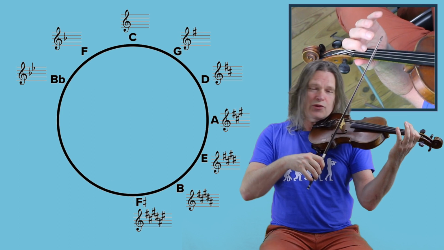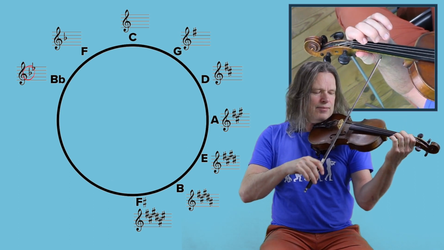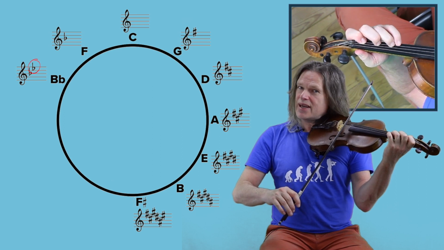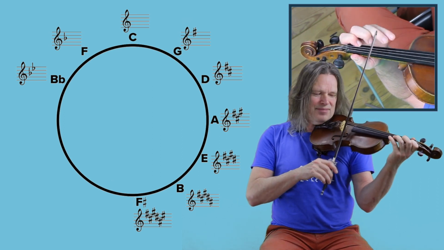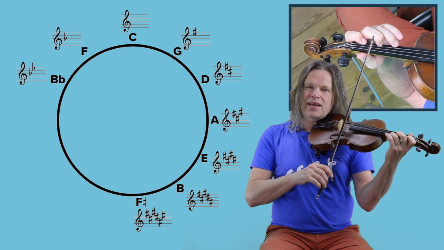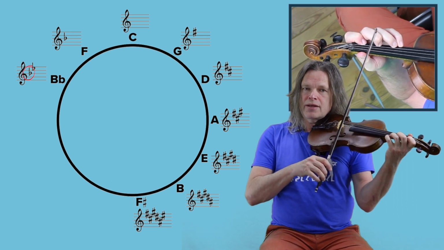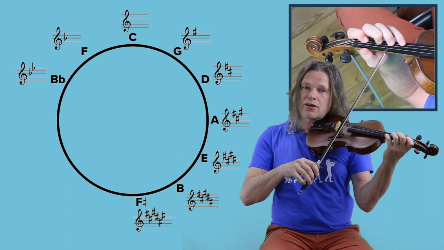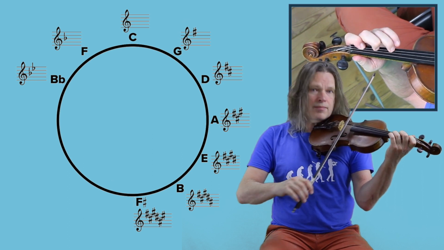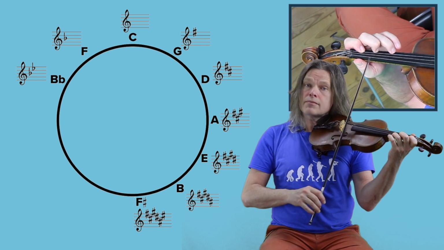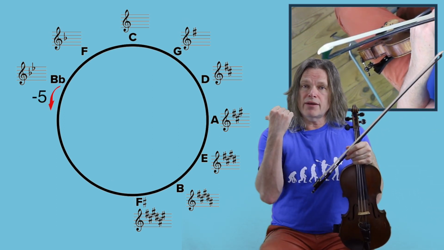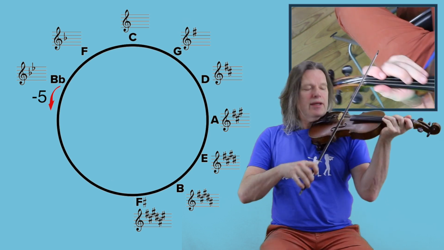Well, the first one already, B flat, C, D, E flat, and B flat. So we have a B flat and an E flat in the scale of B flat. Got it?